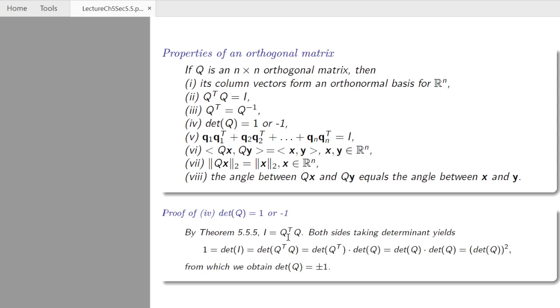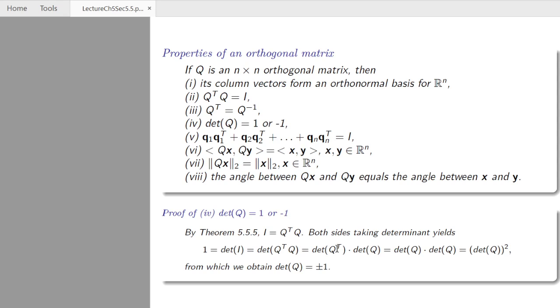So what we do for this equation is take the determinant of both sides. The determinant of I, of course, is equal to 1. So 1 equals the determinant of I, which equals the determinant of the right side. This is a product, so the determinant of the product equals taking the determinant of each first, then making the product.